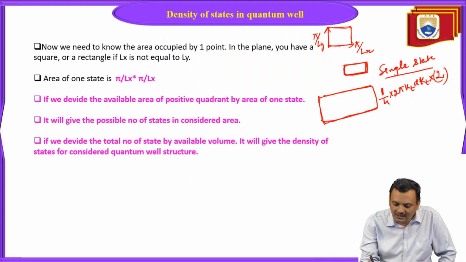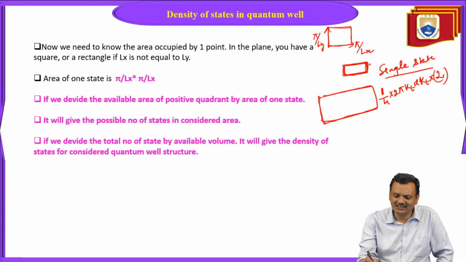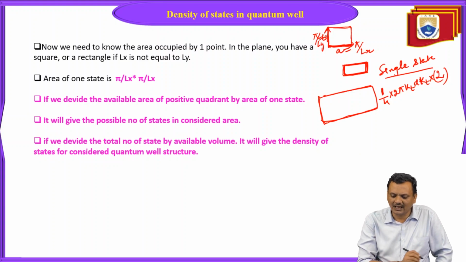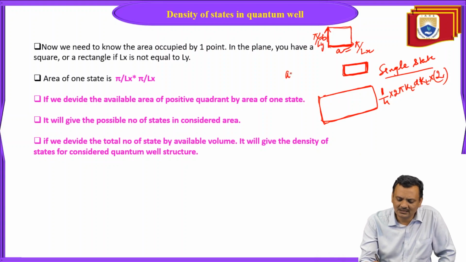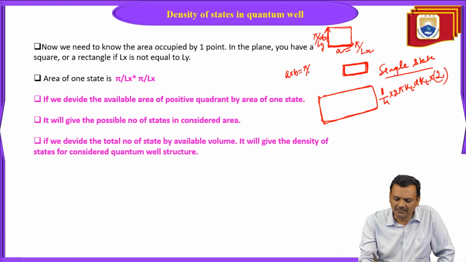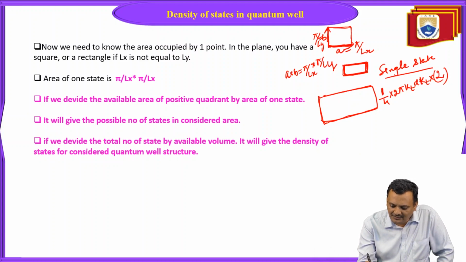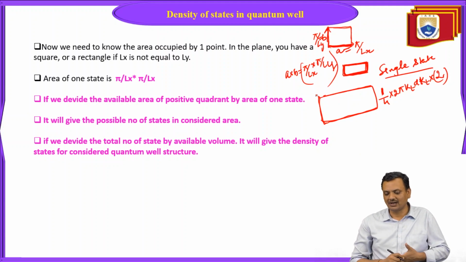Suppose A is equal to pi upon Lx, B is equal to pi upon Ly. So the area of the rectangle is A multiplied by B, meaning pi upon Lx multiplied by pi upon Ly. So the area of a single state is pi upon Lx multiplied by pi upon Ly.